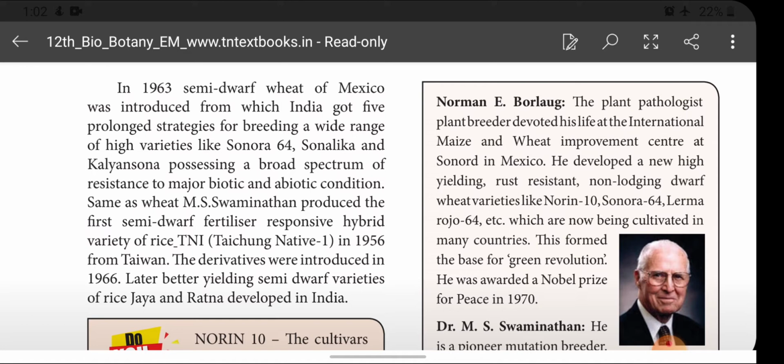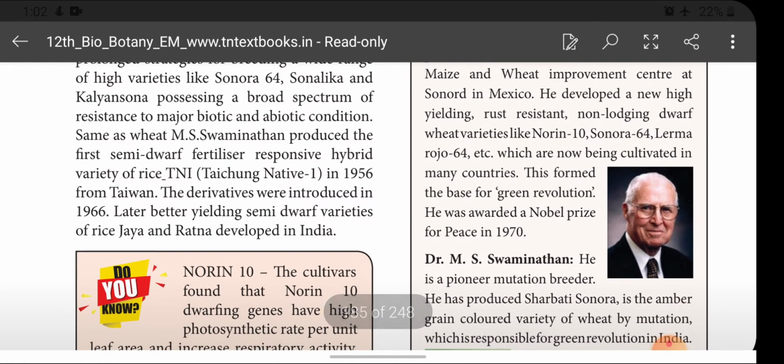Okay, in 1963, a semi-dwarf wheat was introduced from Mexico, from which India got strategies for breeding a wide range of high yielding varieties like Sonora 64, Sonalika, Kalyan Sona, which possess a broad spectrum of resistance to both biotic and abiotic conditions.